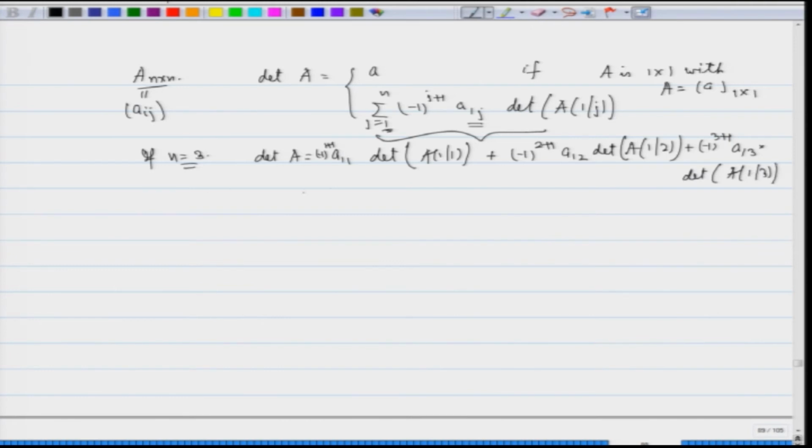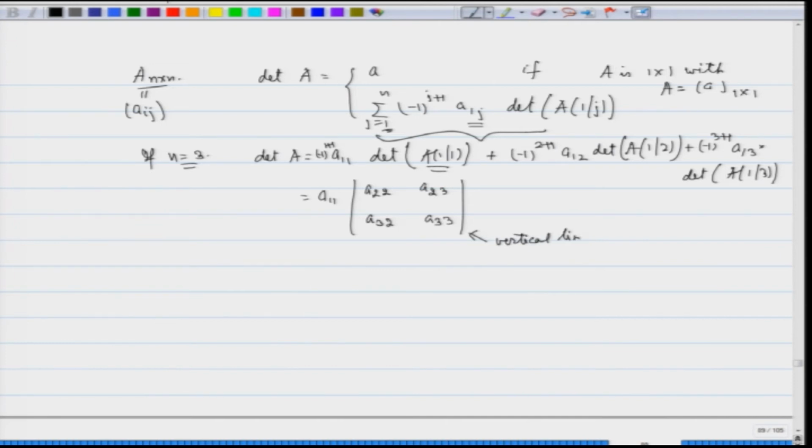Which is same as A11 times, what is determinant of this? It is nothing but, so I will write like this: A11, remove the first and second, so it is A22, A23, A32, A33. So, this vertical line means determinant.